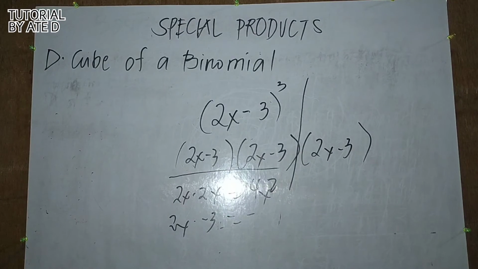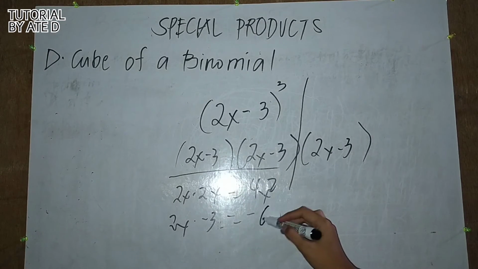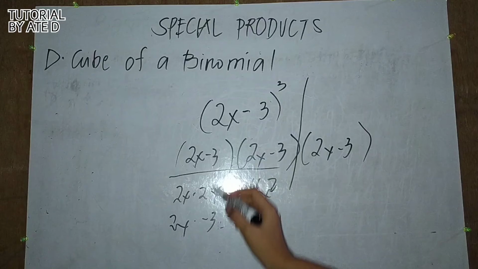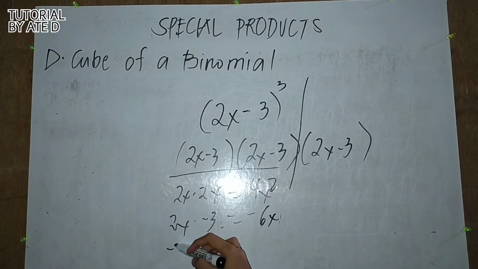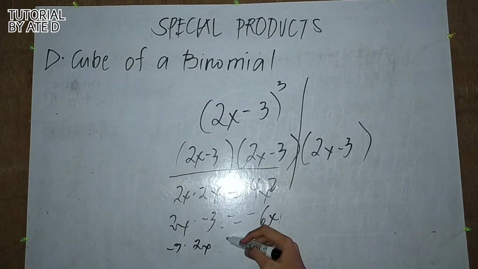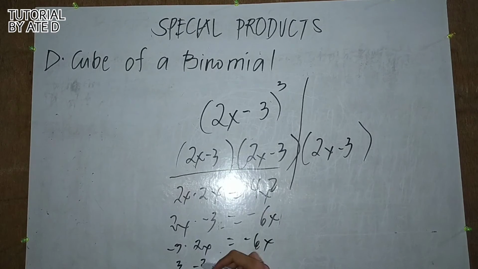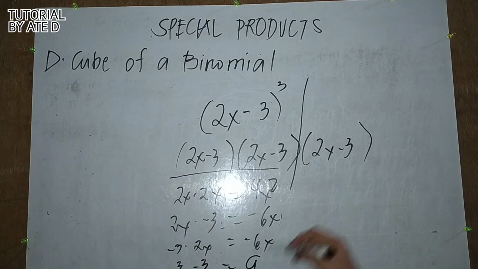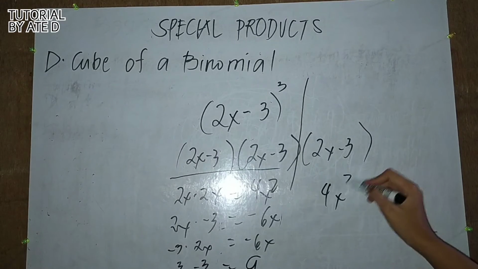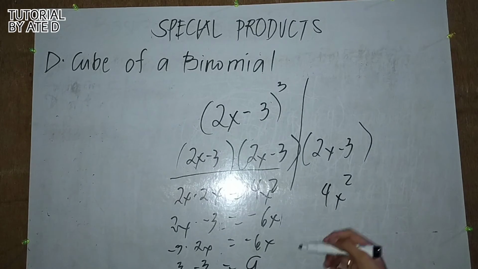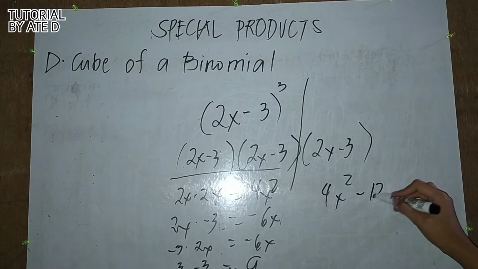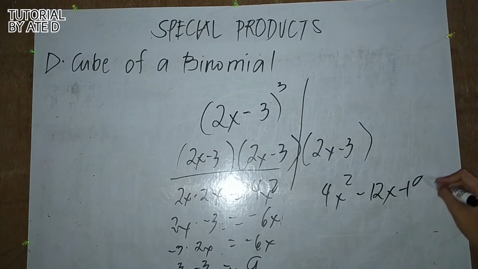Next, 2x times negative 3 will give us negative 6x. Next one, negative 3 times 2x also gives us negative 6x. And lastly, negative 3 times negative 3 will give us 9. Arranging, 4x squared, negative 6 plus negative 6 will give us negative 12x and 9.